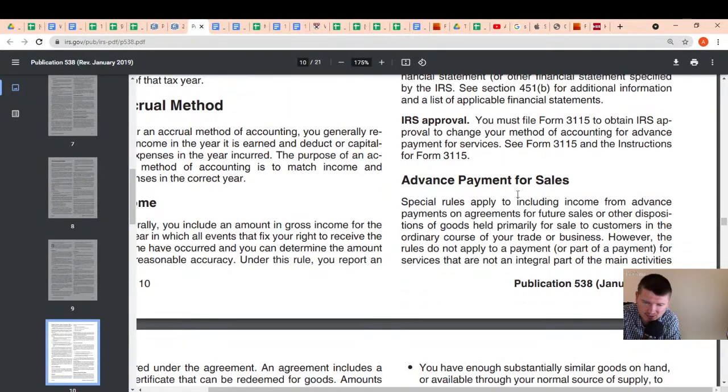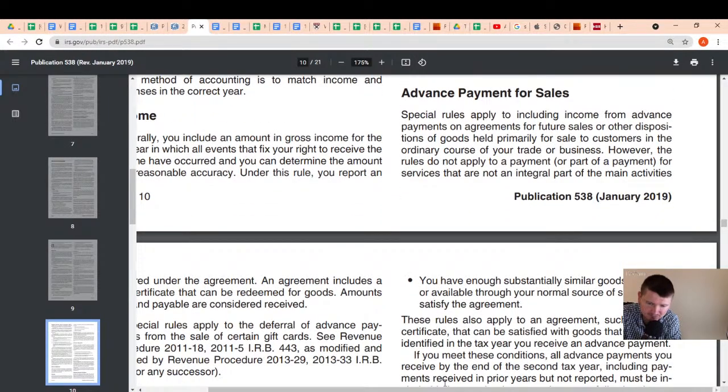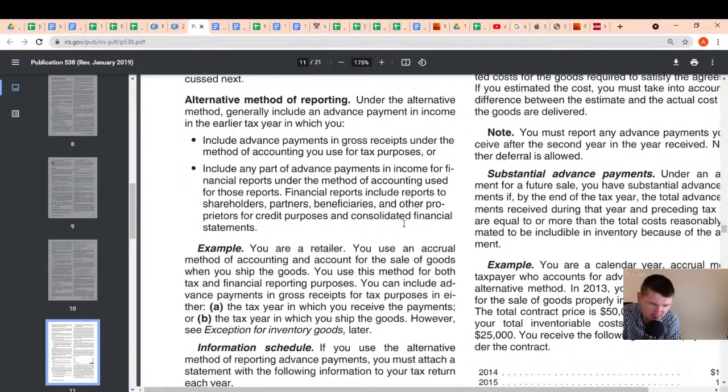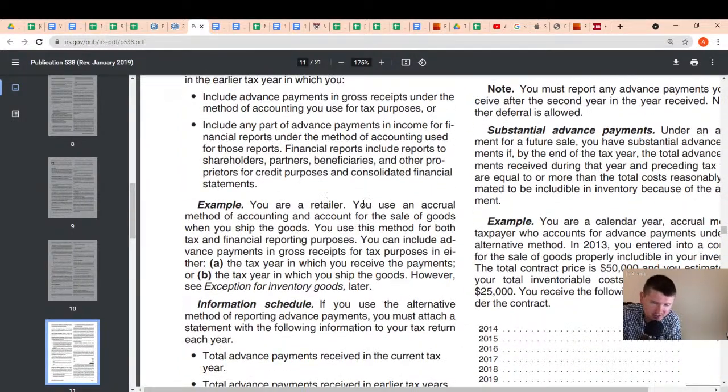Advance payment for sales. Special rules apply to including income from advance payments or agreements for future sales or other dispositions of goods held primarily for sale to customers. Let's see if they have some examples here to consider. You are a retailer. You use an accrual method of accounting for the sale of goods when you ship the goods. You use that method for both tax and financial reporting purposes.